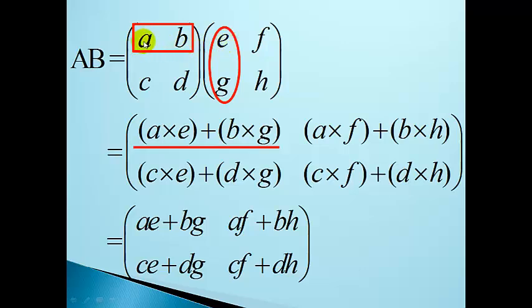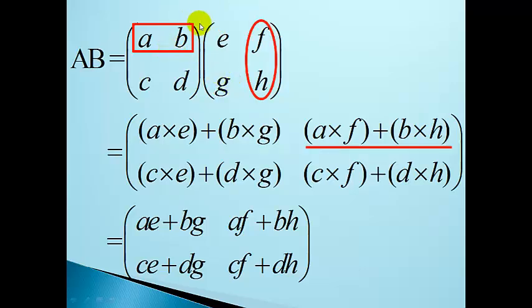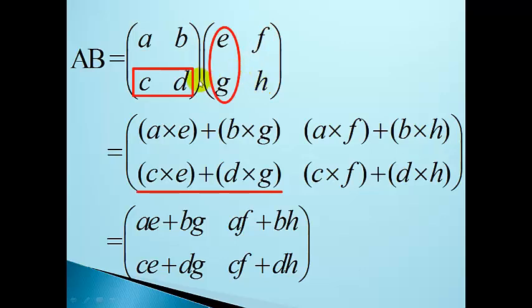And so a times e plus b times g. The same first row will multiply the second column of the second matrix. So we have a times f plus b times h. Now we are done with the first row, so we come to the second row.